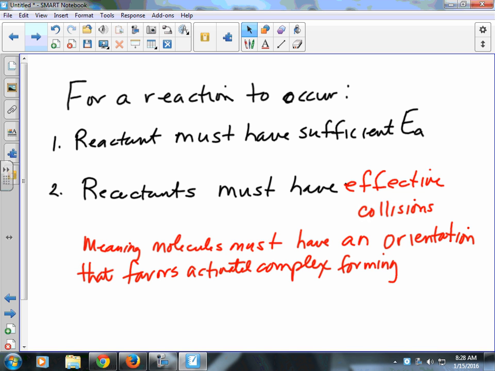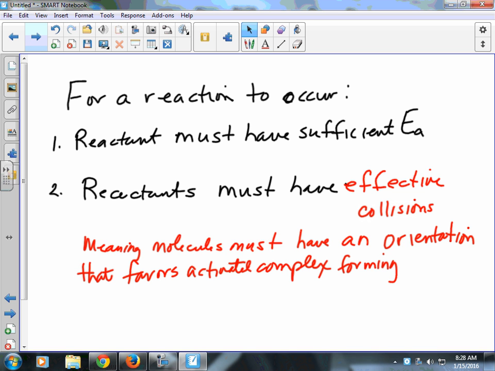Okay, if we have this reaction, and our reactant molecules are NOBr, let me introduce the reaction. The reaction is first described on page 584.